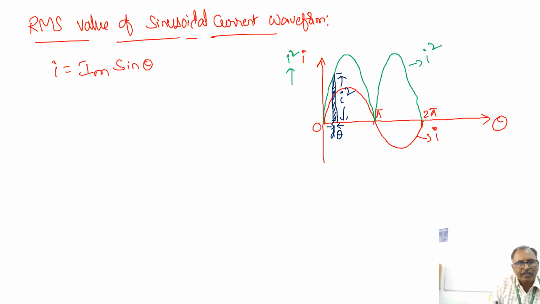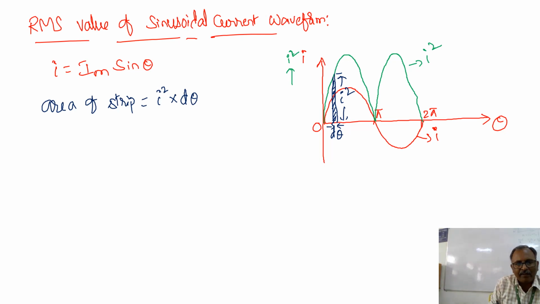So the area of the strip is given by I square into d theta, length into breadth.